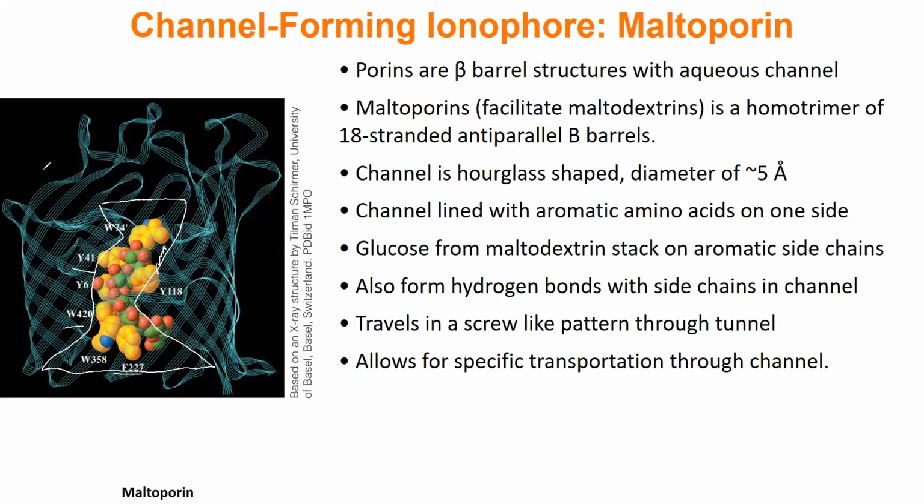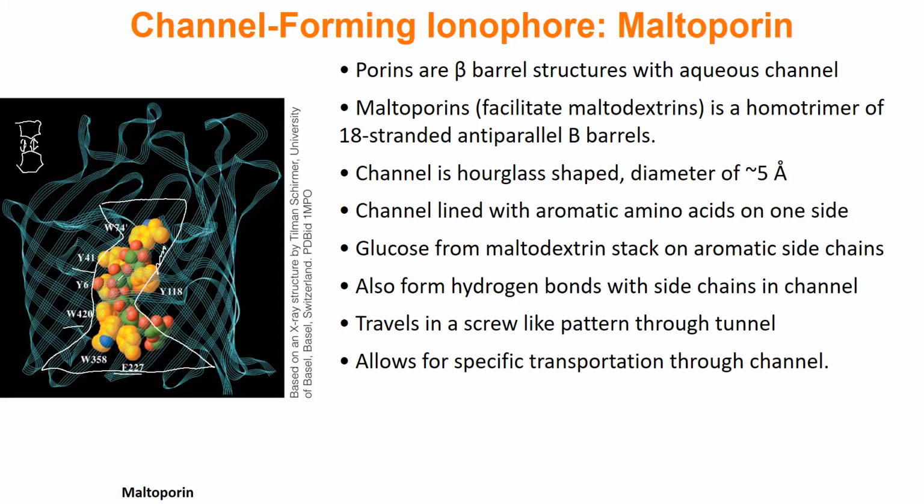Again, from organic chemistry, if you have two carbon rings on top of each other, that's a favorable interaction. And it's called base stacking. So the glucose from our maltodextrins will just base stack with these aromatic residues.